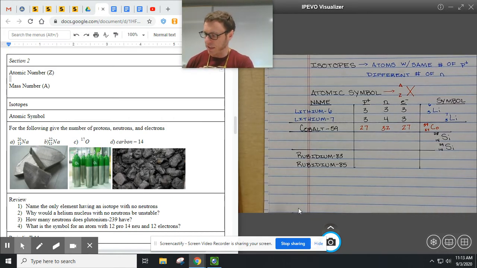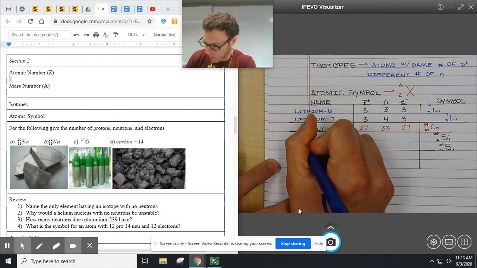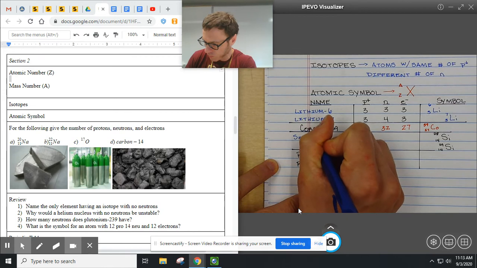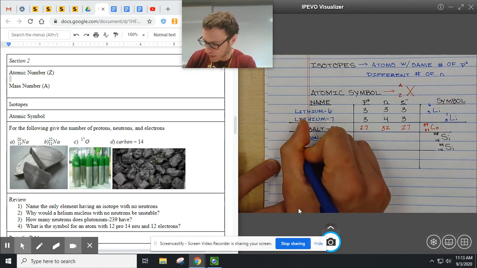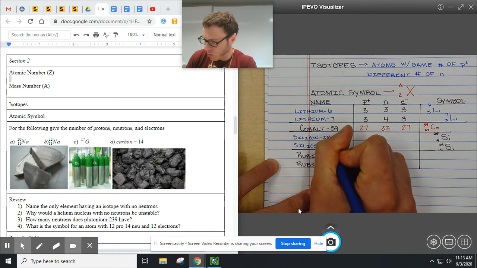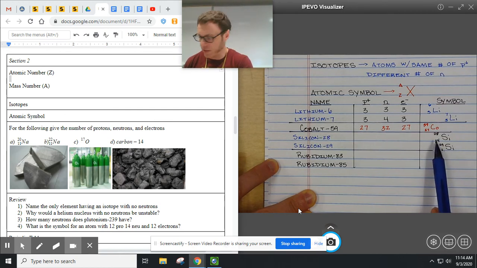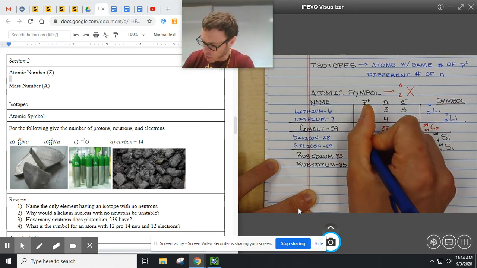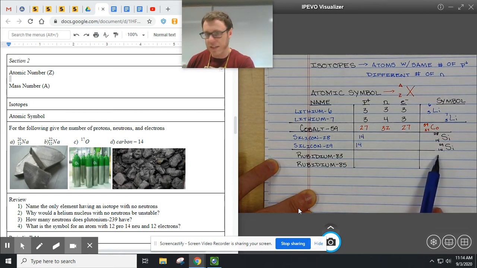Next, down here, we get silicon. I'm just going to run right through this. This is silicon-28, and this one is silicon-29. Now, we don't even need the periodic table here because I can see that silicon's number 14, so I know I have 14 protons in both of them.